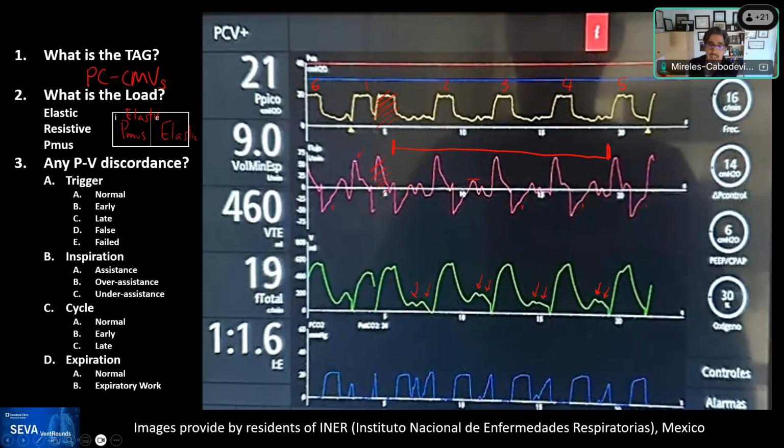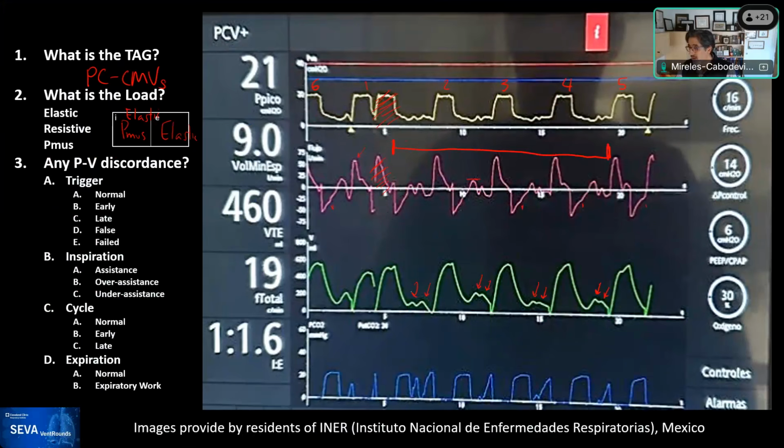And that again can be two things. One, it's a patient that is breathing very fast but very little, or because they're so regular, they are cardiac oscillations. Those are the only other two etiologies that can cause this.